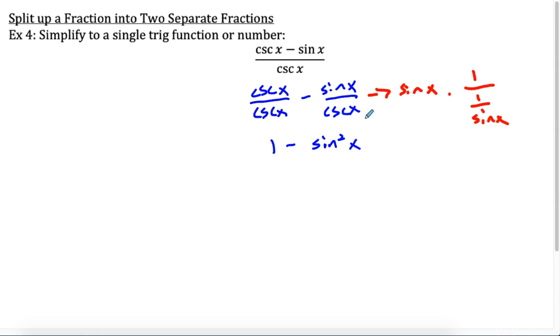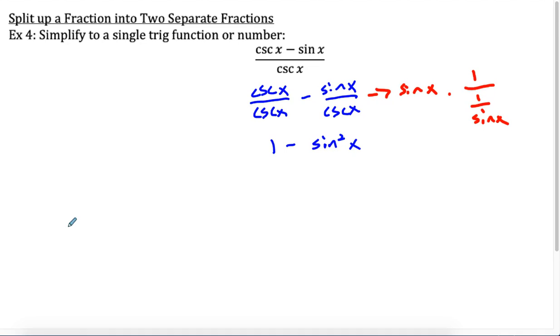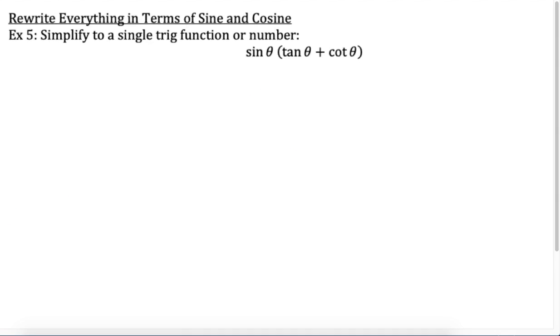That's how we're saying that cosecant comes up here as just sine. And then 1 minus sine squared is just a manipulation of a Pythagorean identity. If I subtract sine squared over, I'll have cosine squared equals 1 minus sine squared. So this is just cosine squared.